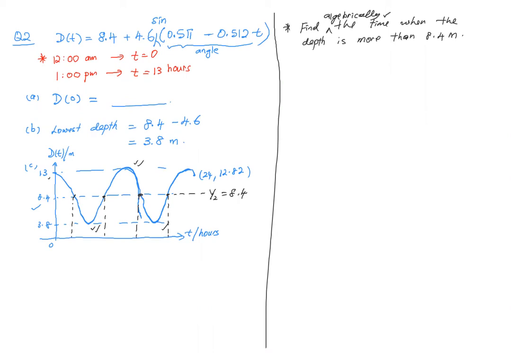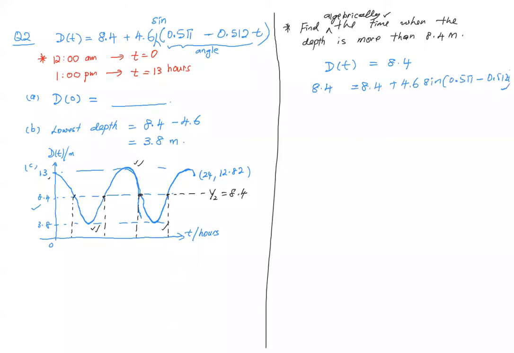Set y1 equal to 8.4. Correct. So in your working, you have to say d(t) equals 8.4. So now you solve this one. 8.4 equals 8.4 plus 4.6 sin(0.5 pi minus 0.512t).